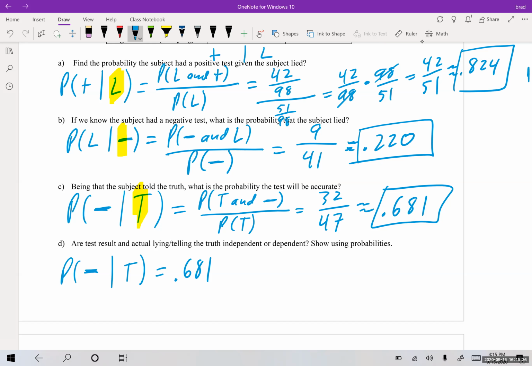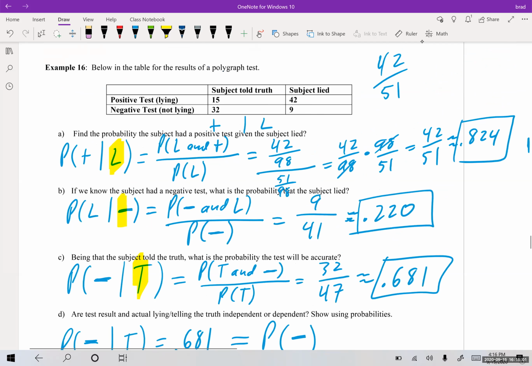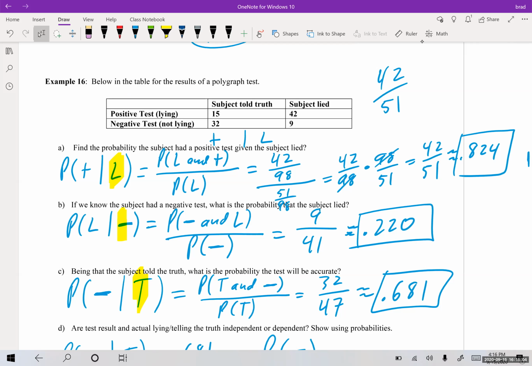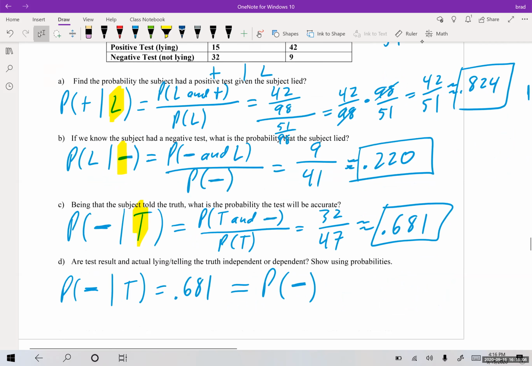That should equal the probability of negative test result, right? Because if events are independent, then it should not matter if they told the truth or not, because a given should not matter. So what I'm going to do is say, what's the probability of a negative test result? Negative test result would be 41 out of 98.